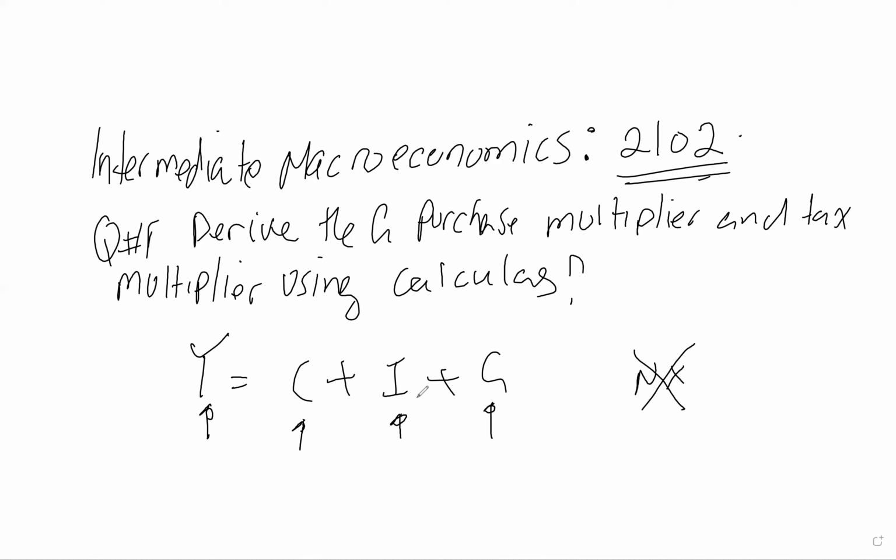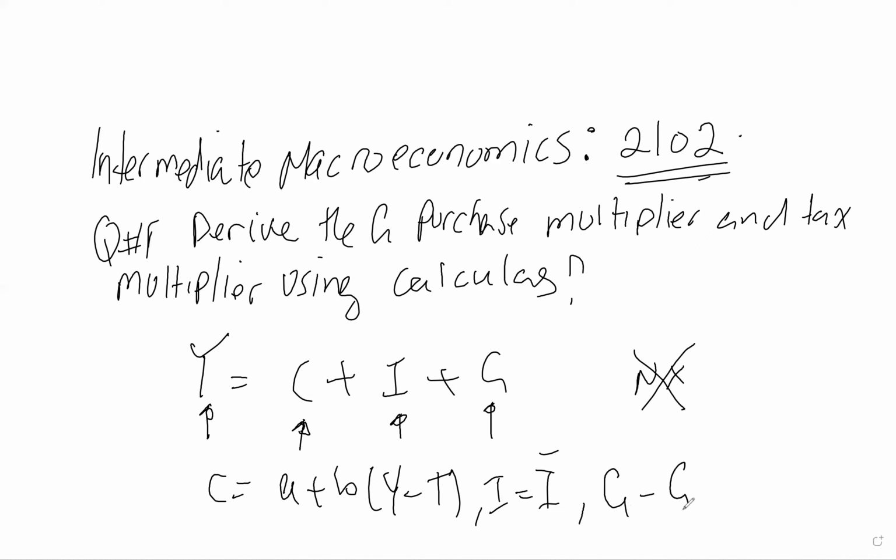So for all of this, the consumption C is represented by this formula: A plus B times Y minus T, and also some level of investment, and also some level of government purchases, where T is a lump sum tax.